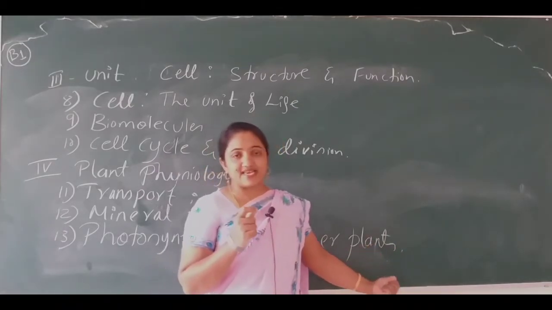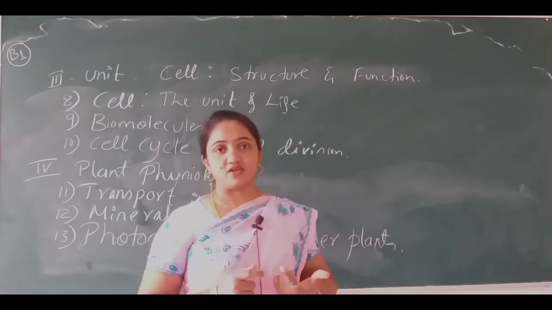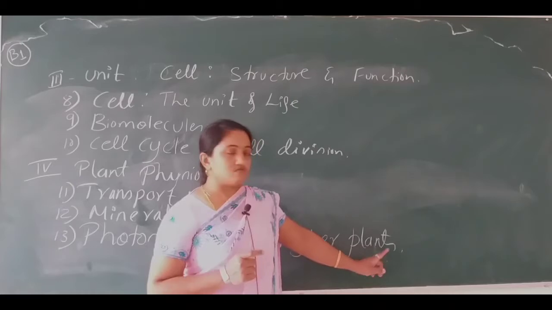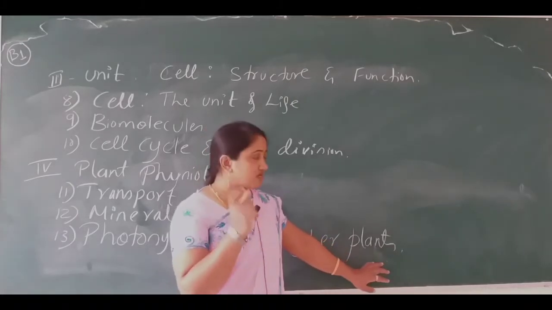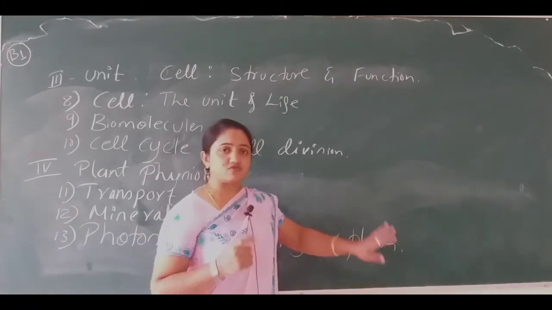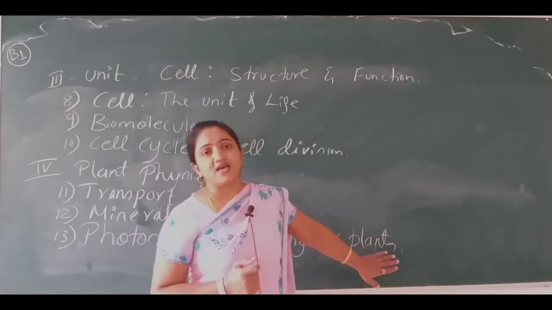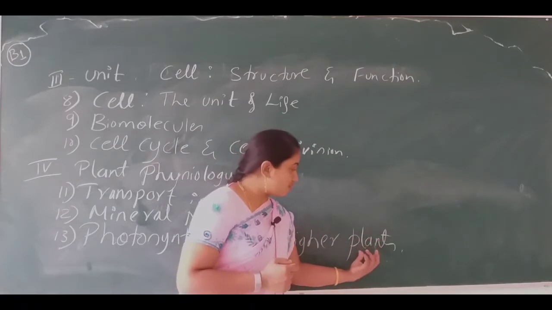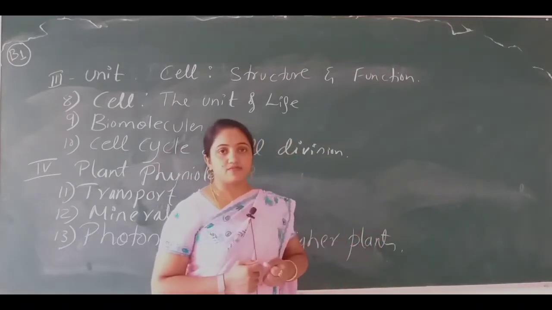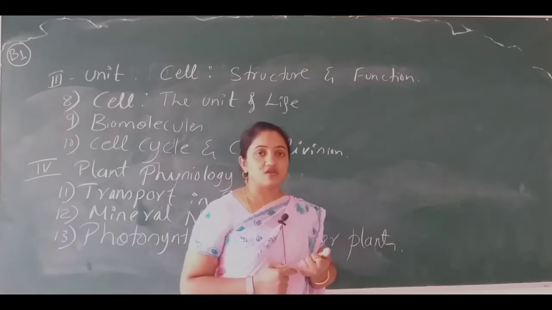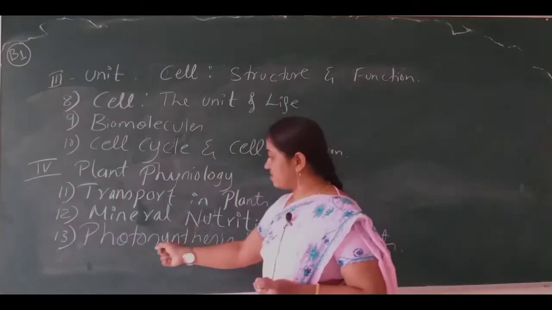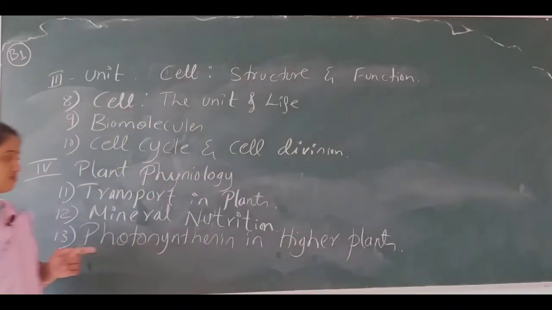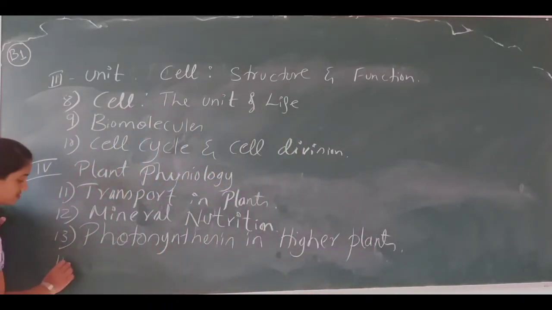If the sun is emitting 100% light, not exactly 10%, only 2% of the emitted light gets absorbed by the plant, which is essential for the synthesis of food. Okay, so we'll discuss that in this chapter.